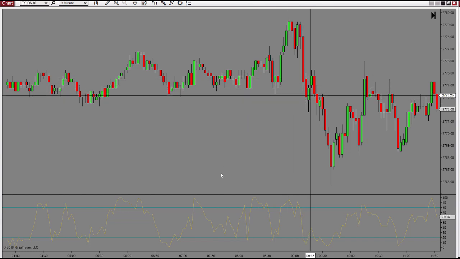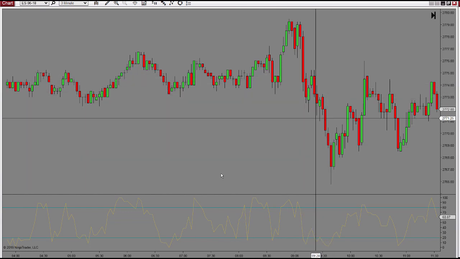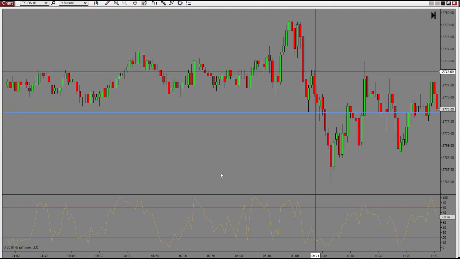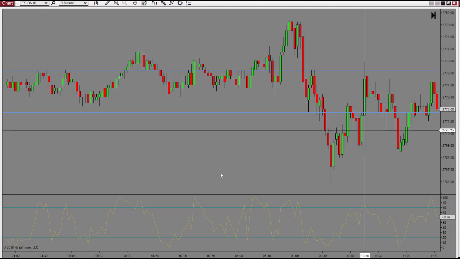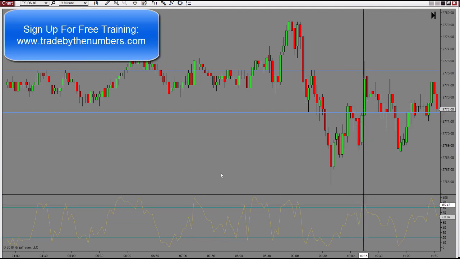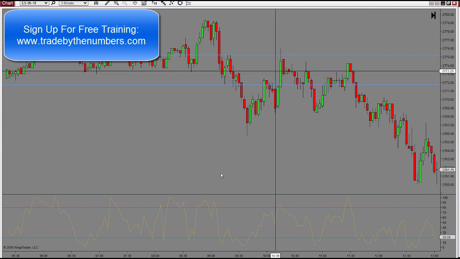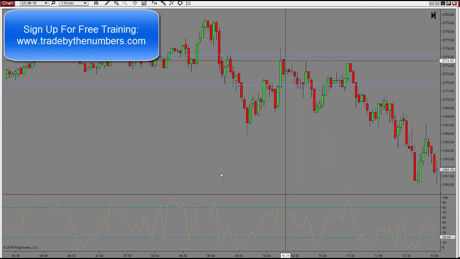You have one right here to the downside, right? So if we go ahead and we box this area in, look what happens. Here's where my stochastic becomes overbought. Right here. So this is where I'd want to enter the trade. Right? And look, there you go. You got your 10-point move.